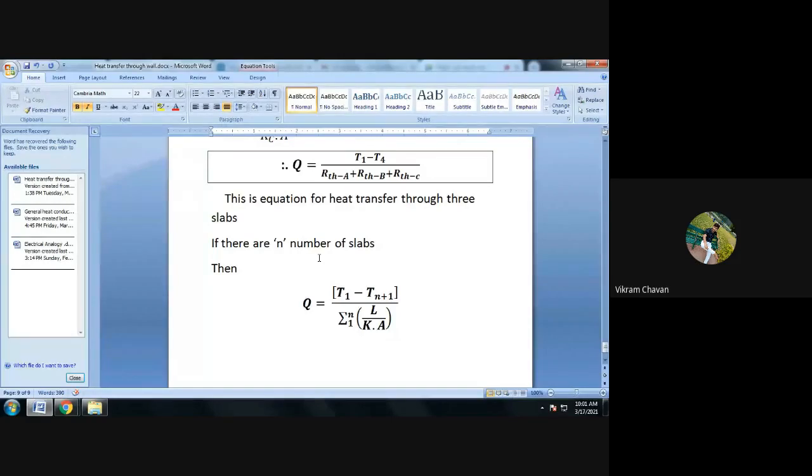Important derivation, and there is more weightage for this particular composite slab and the plain wall or the composite wall in GATE examination. These formulas are very much important for your GATE examination. Near about 8 to 10 marks of questions come from this particular subject, and there is one fixed 2-mark question on the composite wall.